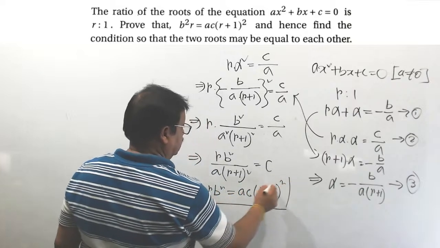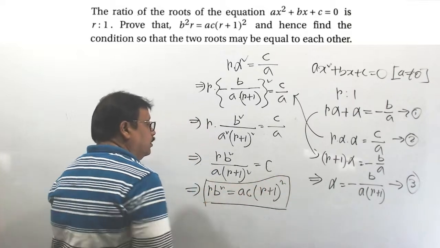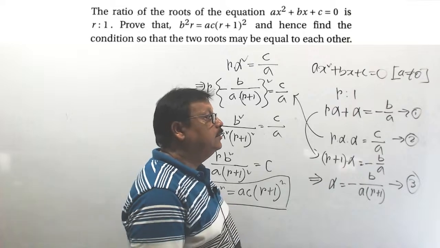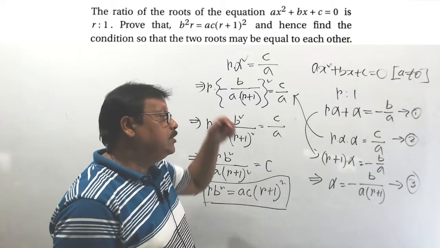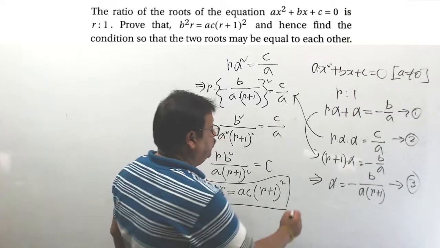This is the relation to prove. দেখো হয়ে গেছে, b square r equals ac r plus 1 square has been proved.